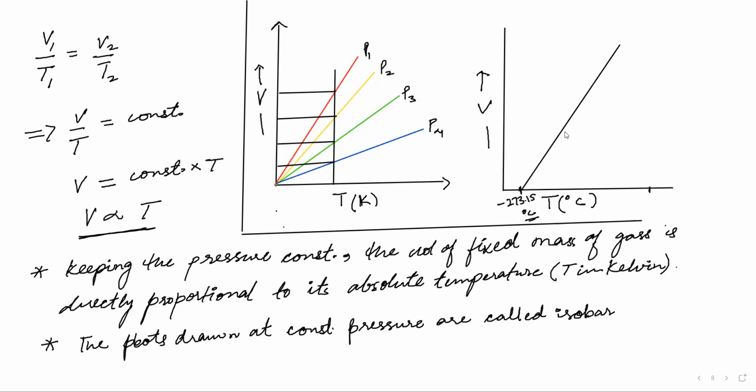Sir, I didn't understand. Why did we not start from the origin, the 0,0 point? See, 0 degrees Celsius is here. So we are starting from the minus x side, the second quadrant.